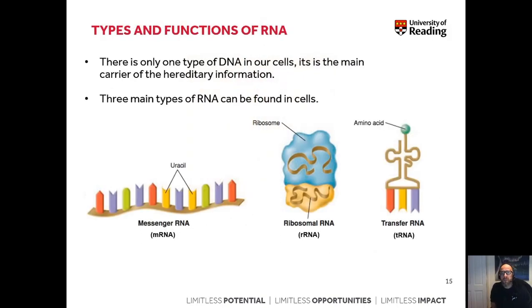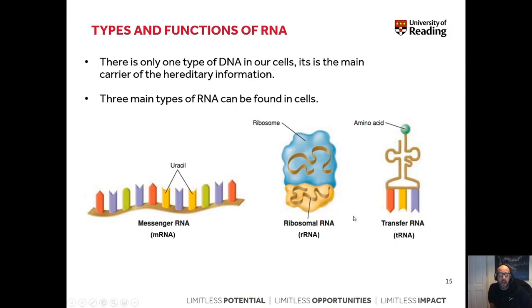In contrast to DNA, which has one main form in human cells, there are three important types of RNA playing important roles in different processes within the cell. The first type of those RNAs is messenger RNA. This type of RNA is going to play an important role during the process of transcription, which we are going to be looking at today as well.